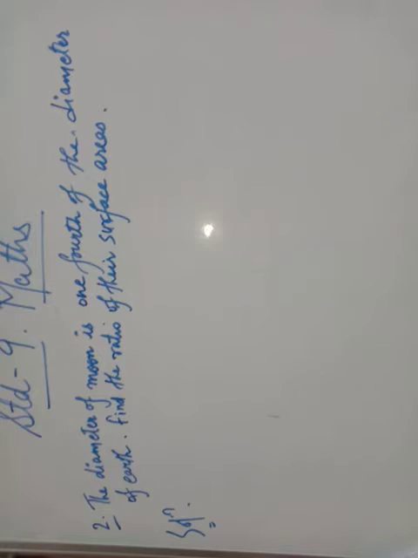So the next question is from the mensuration chapter. The diameter of the moon is 1/4 of the diameter of the earth. Find the ratio of their surface areas. This question is very simple.